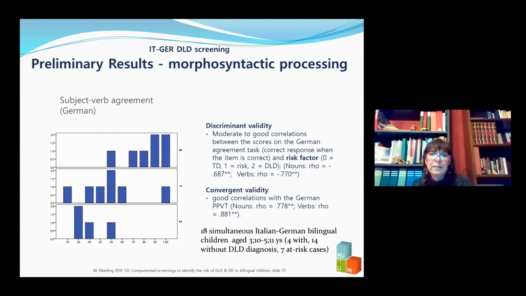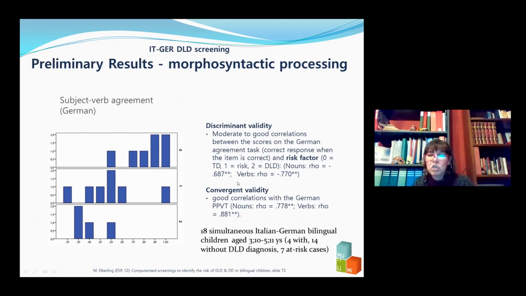Here you see the distribution of scores in subject-verb agreement tasks for German in 3 different risk factor levels. So here are the TD children. Here are the children who have a risk of being DLD, and here are children who have a diagnosis of DLD. You can see how the distribution of the scores on the newly built experimental tasks is different.